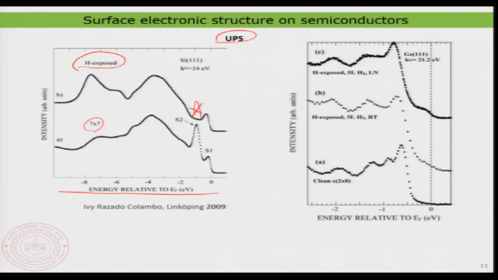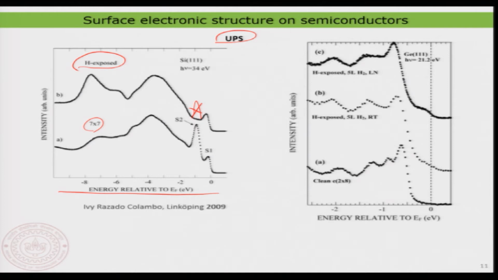That is quite interesting. If you recollect, S2 originates from the adatom on the surface. This indicates that when you deposit hydrogen on the surface, all the surface atoms get passivated or saturated by the hydrogen atoms.